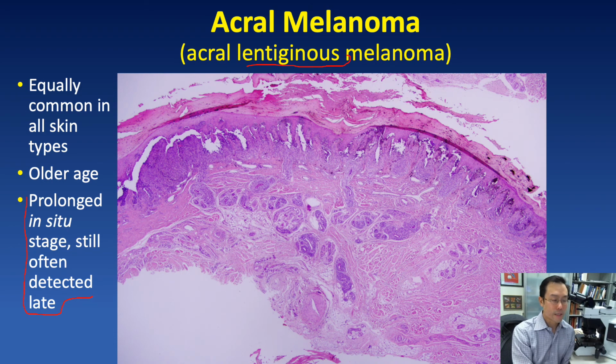Unfortunately, acral melanomas do tend to be detected at a later stage given the greater difficulty in examining acral sites. In contrast to lentigo maligna melanoma, however, acral melanoma, although being the rarest of the 4 subtypes, is equally common in all skin types. There is no relationship with cumulative sun damage.